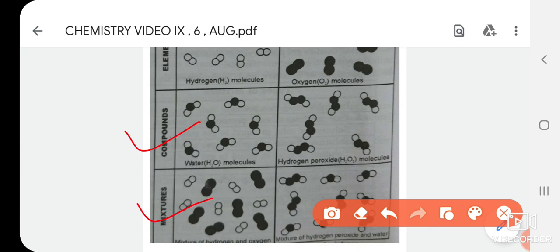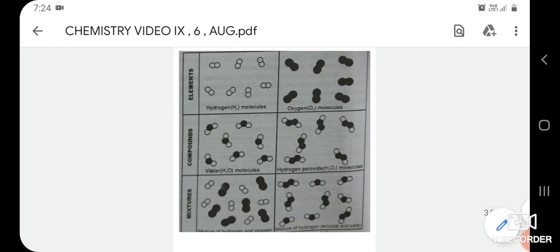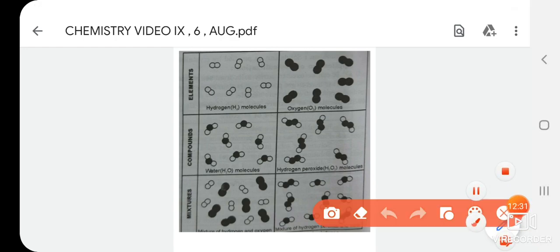Let's summarize the differences between compounds and mixtures. Now see, in this diagram you can see elements, compounds and mixtures, right? Hydrogen and oxygen, yes, these are elements. Why? Because these hydrogen and oxygen elements are non-breakable.